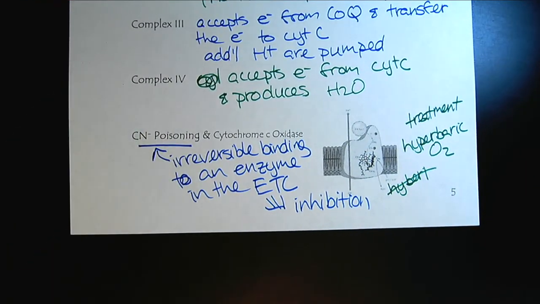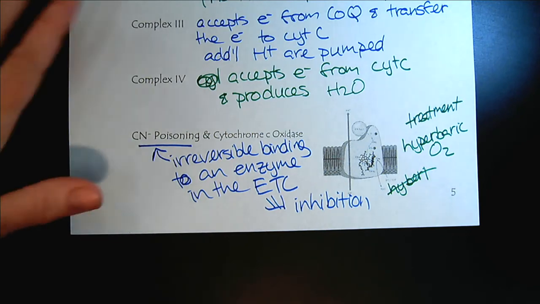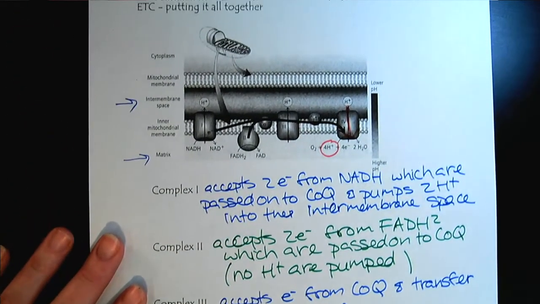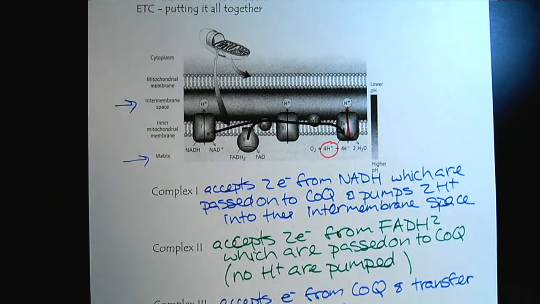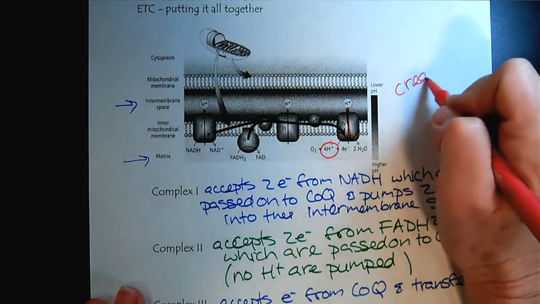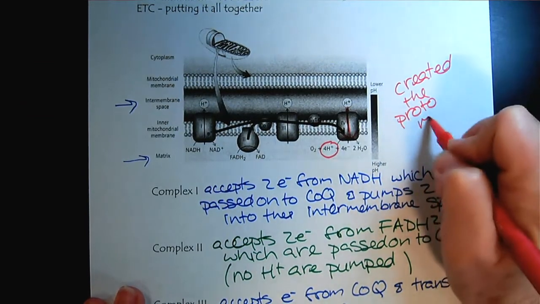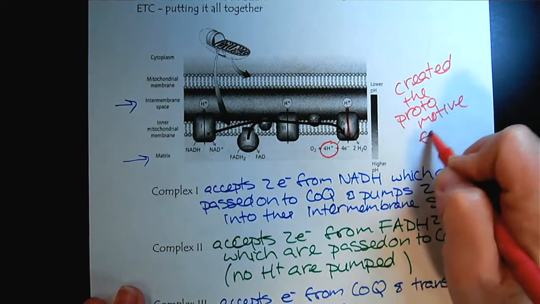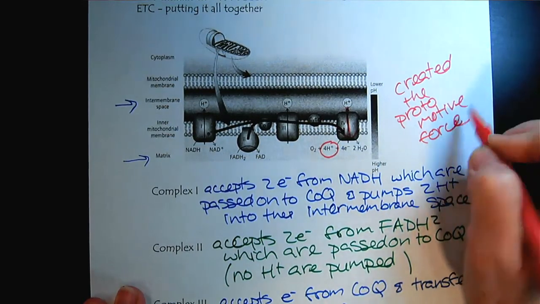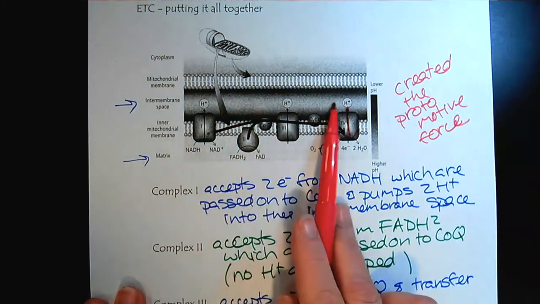And then we have one last page where we'll look at where we actually get the ATP from. Well, that will be with the ATP synthesis. The main thing is that the electron transport chain has created the protomotive force by pumping all of those protons into the intermembrane space.